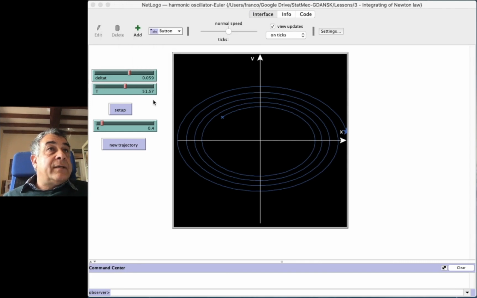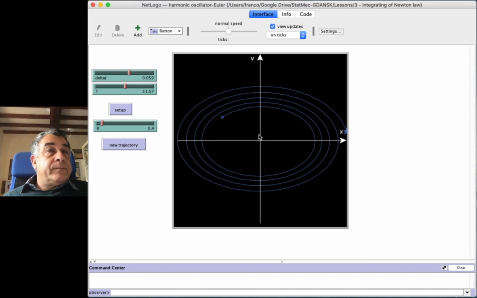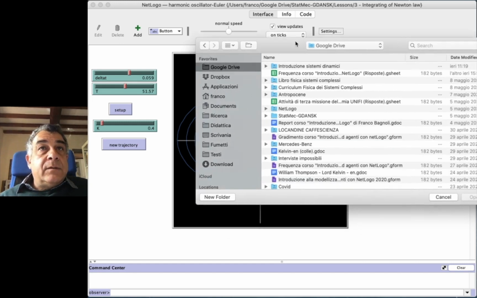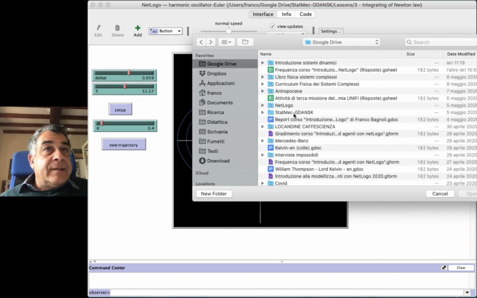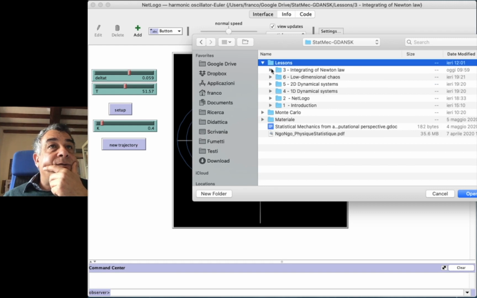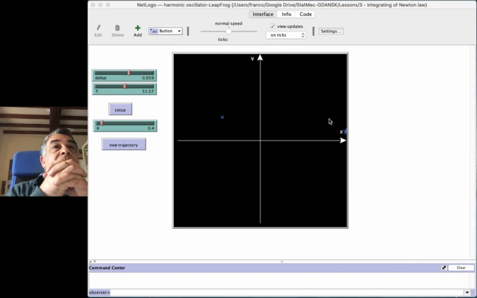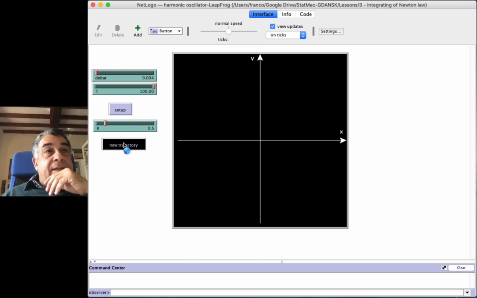So I can open the other, lesson 3, leapfrog, harmonic oscillator leapfrog. So I draw again the system.